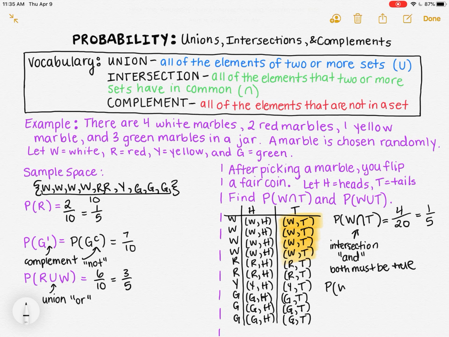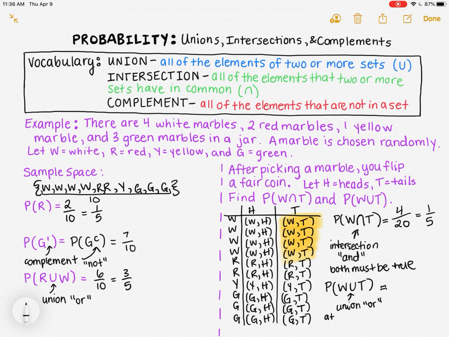My second question is, now I know it looks very similar, but this is the right side up U, which we know means union. We said union means or. In other words, I'm looking for at least one of these things to be true. So either the white marble has to be picked or the tails gets flipped, or both.